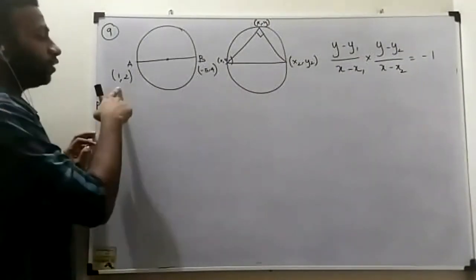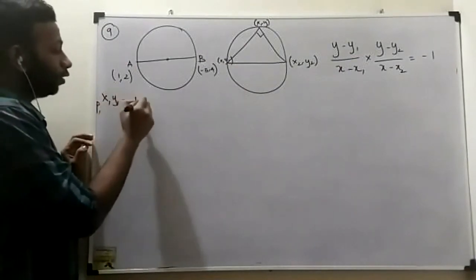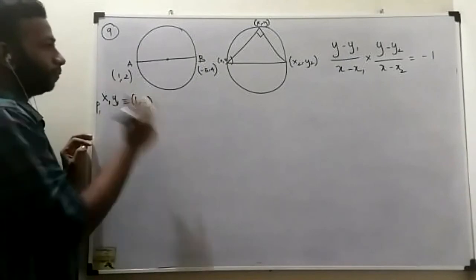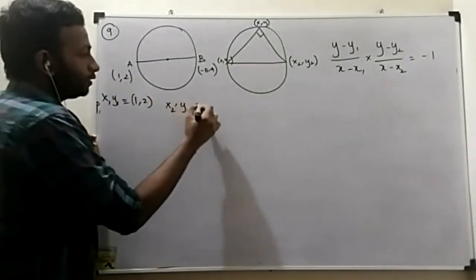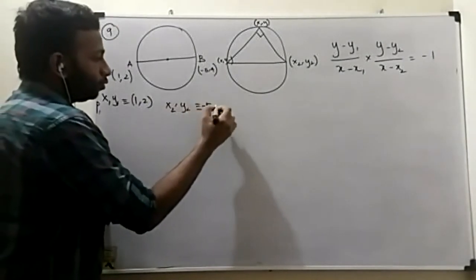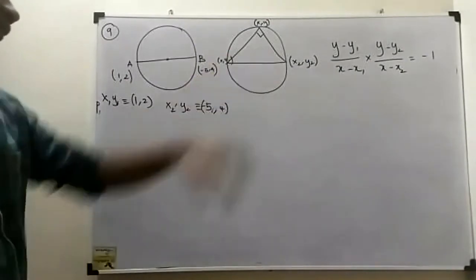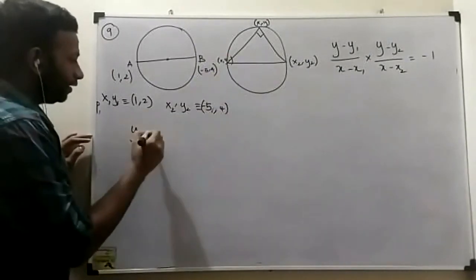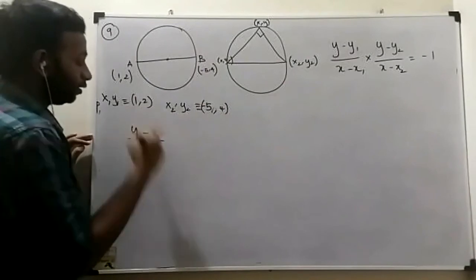So here, let's say (x1, y1) is equal to (1, 2), this point. And here (x2, y2) is (-5, 4). So let's just substitute: y minus y1, which is 2, divided by x minus x1, which is 1.